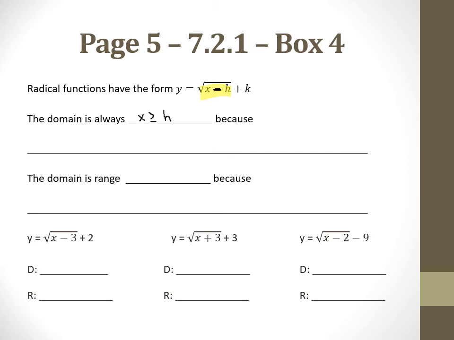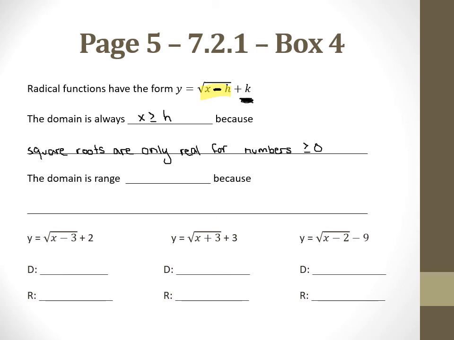So the domain is always x is greater than or equal to h, because square roots are only real for numbers greater than or equal to 0. And the range, that always comes from the constant that's added on at the end of the function.